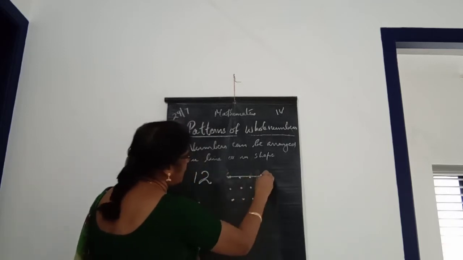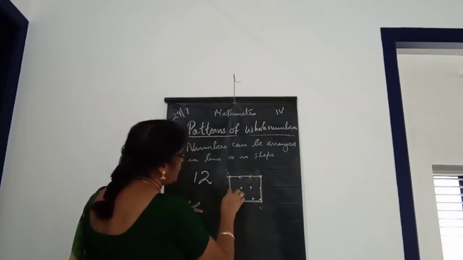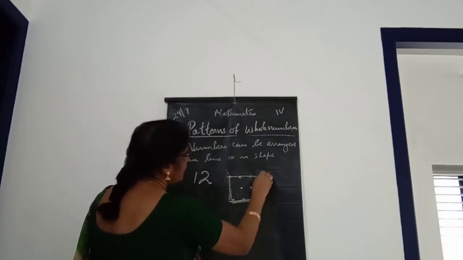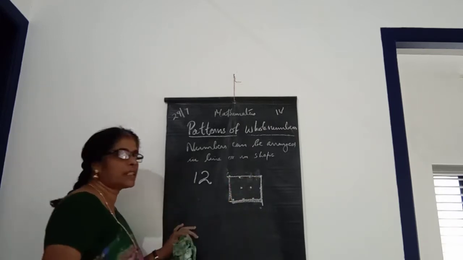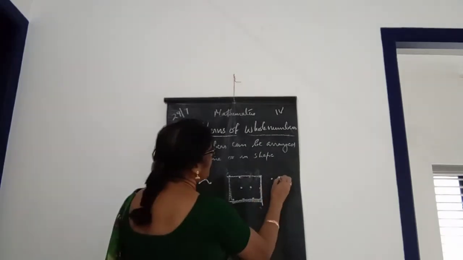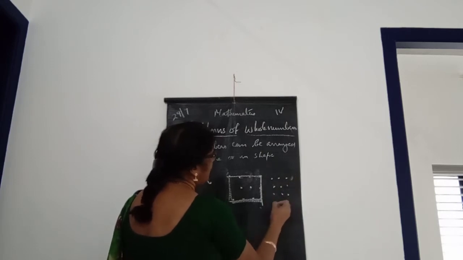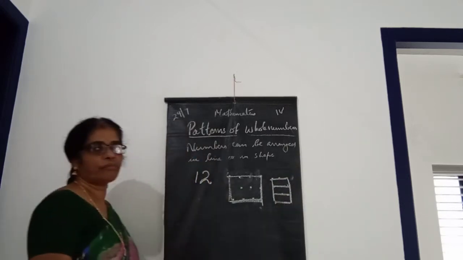What is the shape of this? 3 and 4. So this one is a rectangle, because here 1, 2, 3, and here 1, 2, 3, 4. Then that is a rectangle. And 4 threes: 1, 2, 3, 1, 2, 3, 1, 2, 3, 1, 2, 3. 3, 6, 9, 12. That is another rectangle.